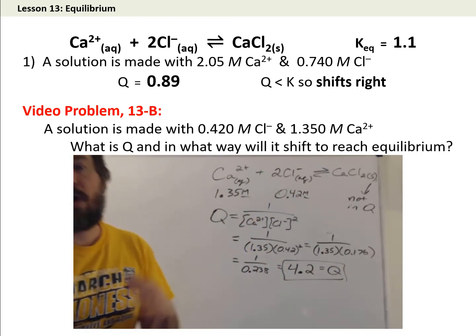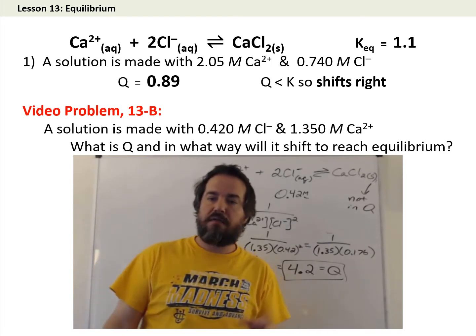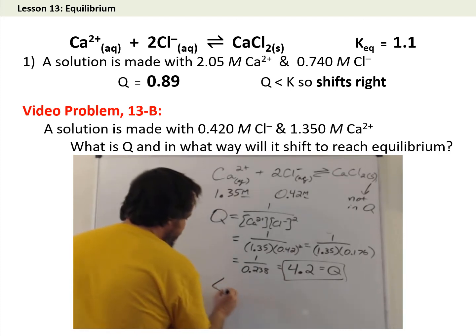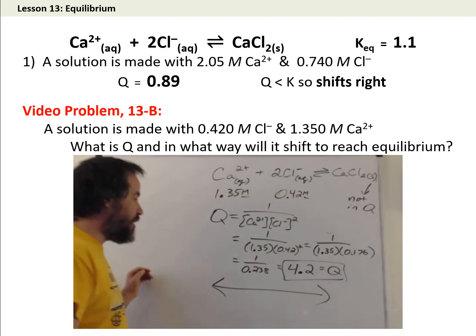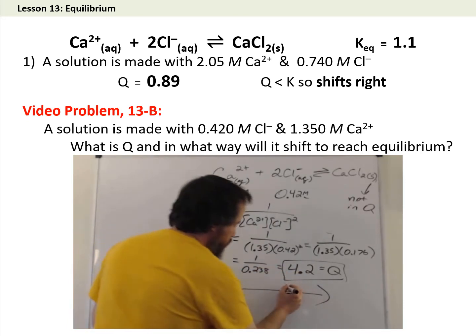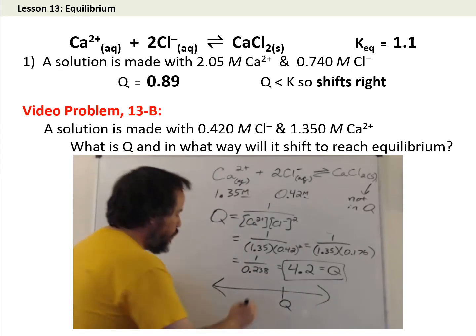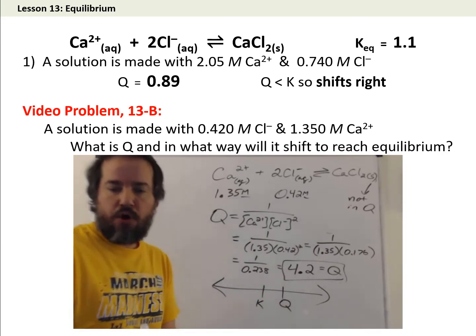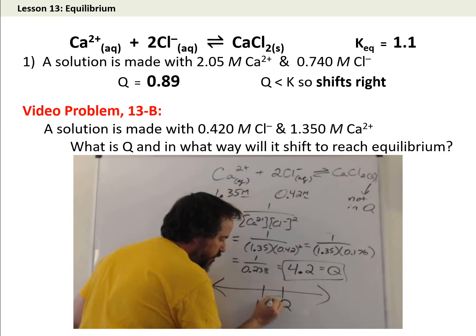Once I find my value for Q, now I can move on to the second part of equilibrium, and that's comparing my Q to my K. I like to do a line chart. I say, okay, my Q is 4.2, and my K is 1.1. So what happens? My Q goes toward my K. The reaction shifts from Q to get to equilibrium.